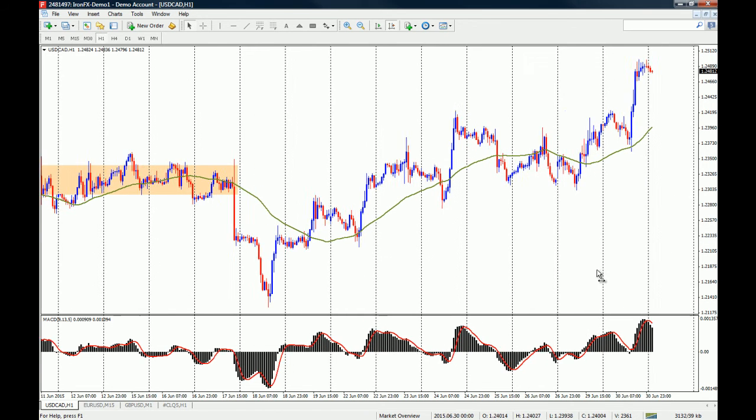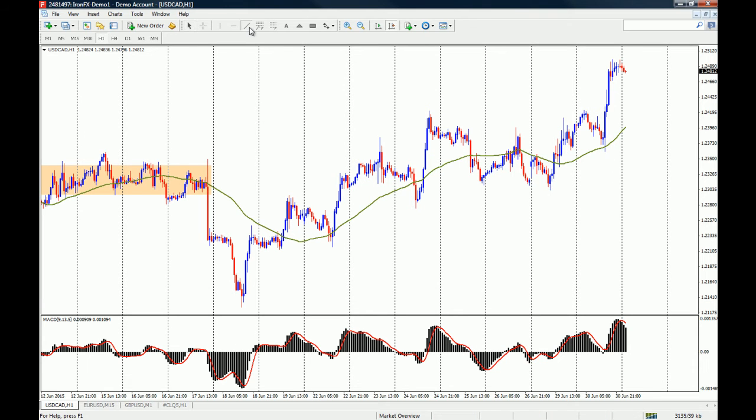All right, so the next thing we're going to do when we are trending is use the trend line. If we are in an up market, we grab a trend line from the low of the move to the next low.